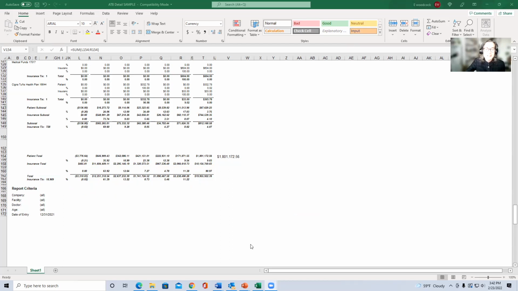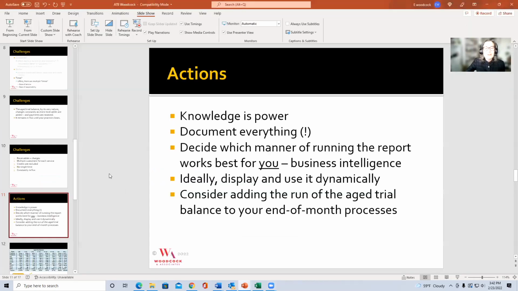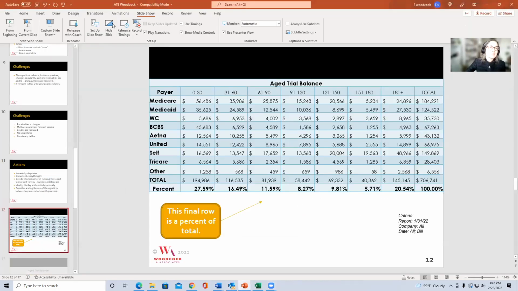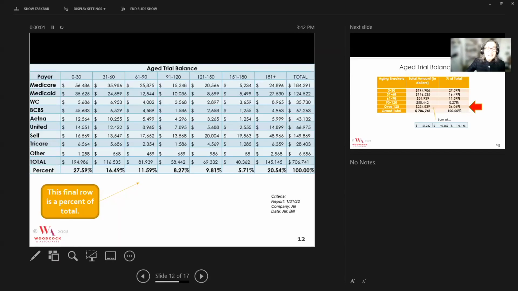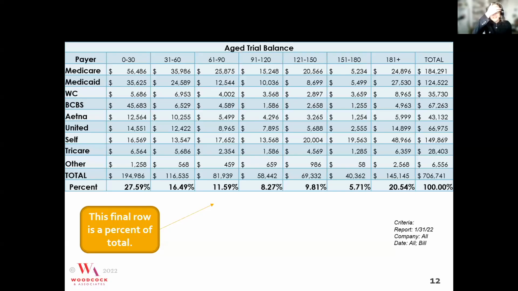And then, of course, as a biller, I need to do something about that. So if we return to our aged trial balance, we can see indeed that we have an opportunity to really take a kind of roll-up aspect.